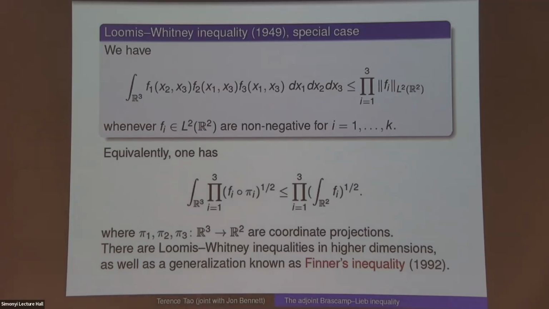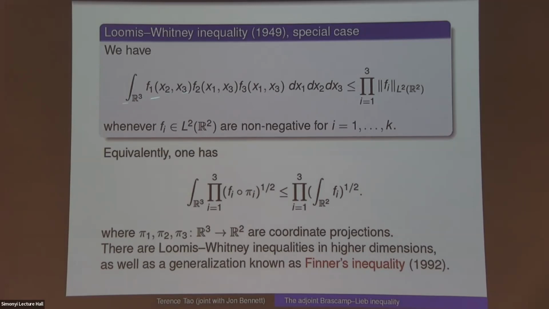So the picture is that you've got R^3 projecting to R^2 in 3 different ways. You take 3 functions, f_1, f_2, f_3, over here, you pull them back into this big space, and then you multiply them together, and you take a square root. And this particular combination can be controlled by the product of a corresponding combination of the integrals of f. Okay, so this is another way of thinking about the Loomis-Whitney inequality.